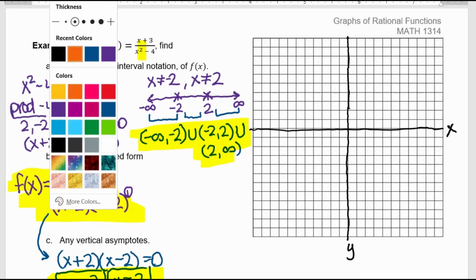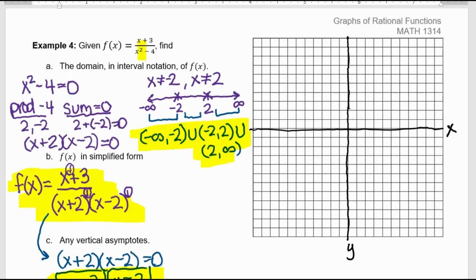We said that we had two vertical asymptotes of negative 2 and 2. So x equal to negative 2 over here on the left side. And go ahead and label it. So x equal negative 2.